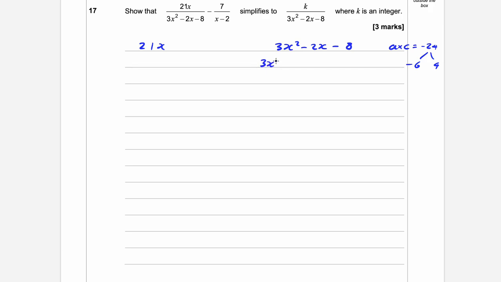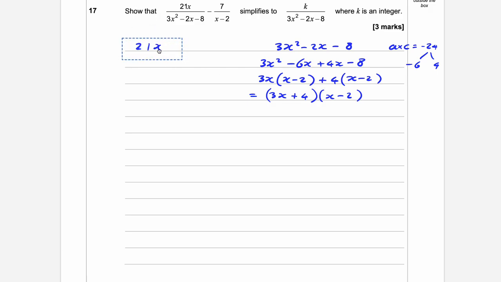So I do 3x squared minus 6x plus 4x minus 8, 3x into x minus 2 plus 4 into x minus 2 equals 3x plus 4 times x minus 2. Okay, so this thing is therefore equal to 21x over, I'm just going to write it in factorized form here, 3x plus 4 times x minus 2.